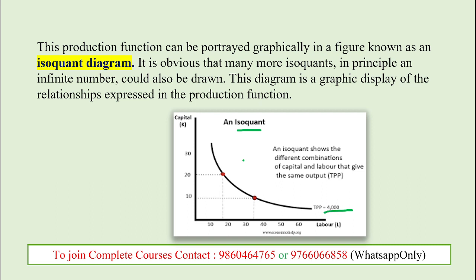There is not just a single isoquant; there are a number of isoquants we can draw like this. Also, sorry, isoquants do not intersect. I drew it intersecting by mistake, so please ignore that. Together these isoquants are called an isoquant map.